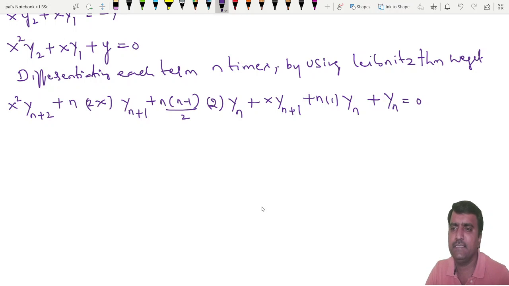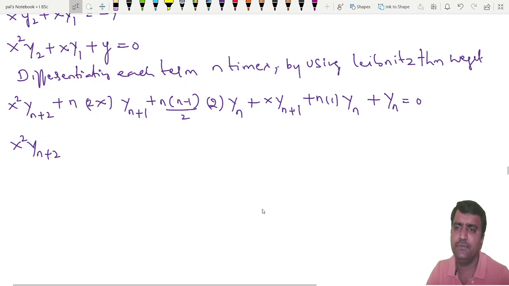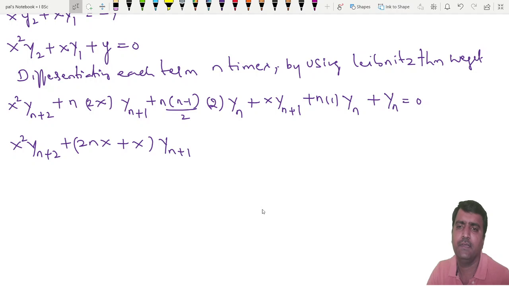Next step, you can simplify this. It is x square into yn plus 2, plus, take yn plus 1 as common factor, so it is x into 2nx plus x into yn plus 1, plus, here you can cancel this 2, so now it is n into n minus 1, or you can write it as n square minus n, plus here we have n.